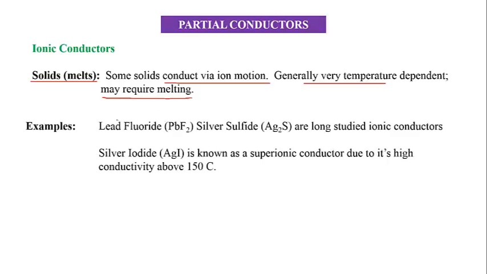So some examples are lead fluoride, silver sulfide. These have been long studied ionic conductors. Silver iodide is what's called a superionic conductor in that it has a very high conductivity once you get above about 150 centigrade.